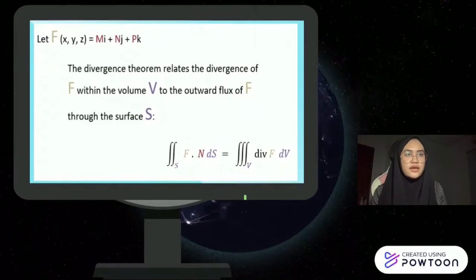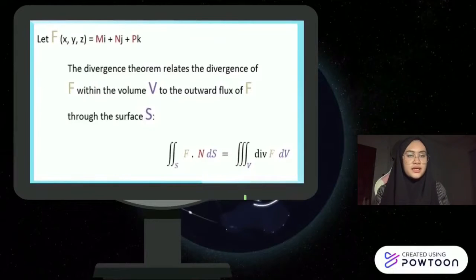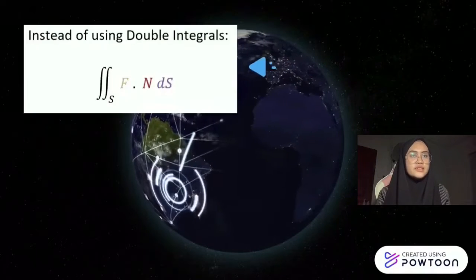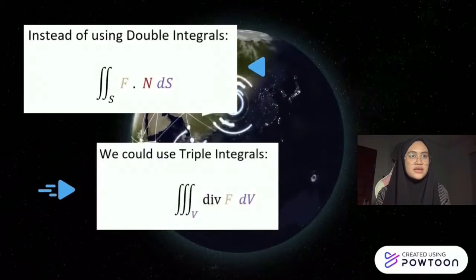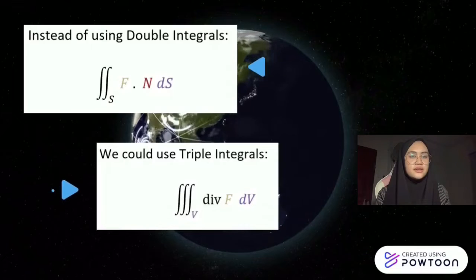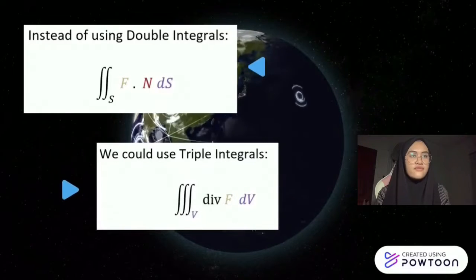The divergence theorem relates the divergence of F within the volume V to the outward flux of F through the surface S. So we get double integral S F·n dS equal to triple integral V div F dV. So instead of using double integral S F·n dS, we could use triple integral V div F dV.